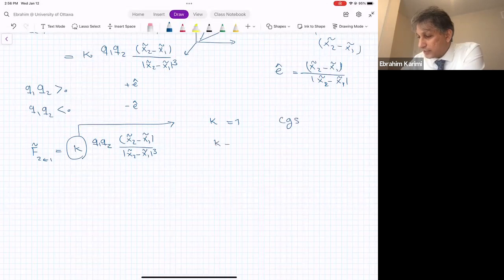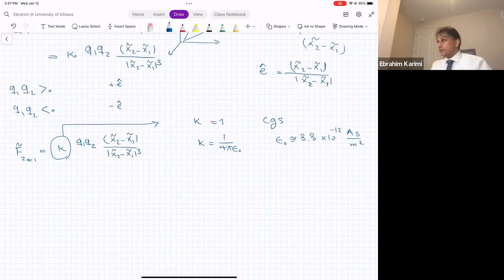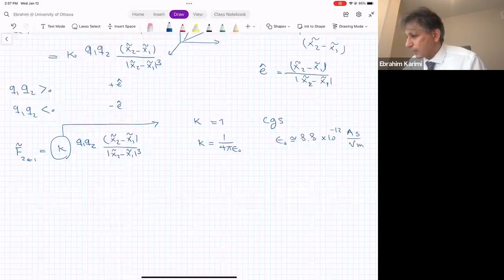For the SI system, K is equal to 1 divided by 4 pi epsilon naught, where epsilon naught is the permittivity of vacuum, which, if I recall well, is 8.8 times 10 to the power of minus 12 ampere second per volt meter.